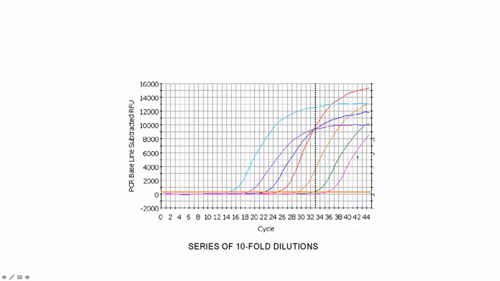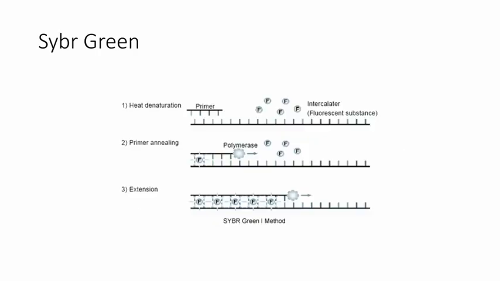People started using this technique called real-time PCR so that things could be measured in real time, and it's a lot more accurate if you measure them in the exponential phase. You tend to get much more accurate results than waiting till the end point to be able to do the measurement.